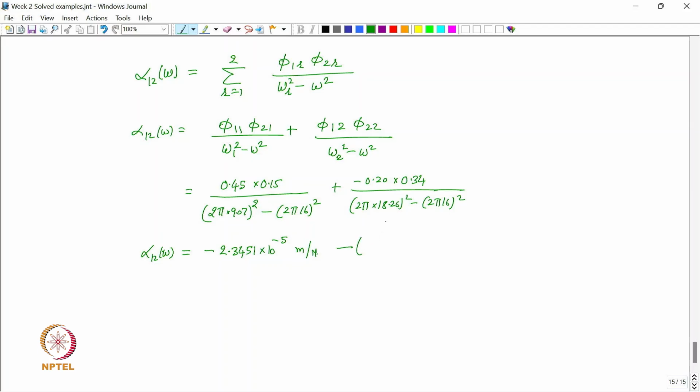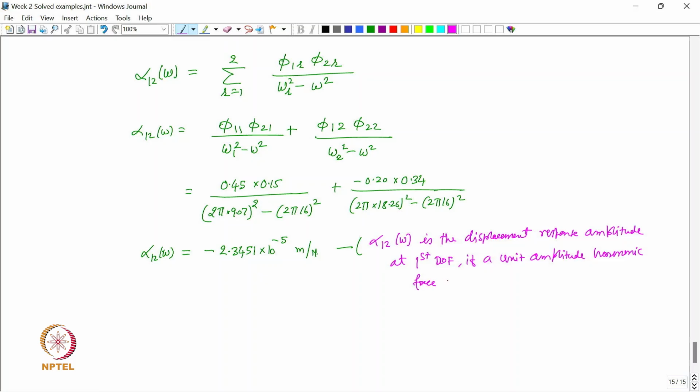What is the meaning of alpha 1 2? Alpha 1 2 at omega is the displacement response amplitude at the first degree of freedom if a unit amplitude harmonic force at frequency omega acts at the second degree of freedom. That is the meaning of alpha 1 2, right.